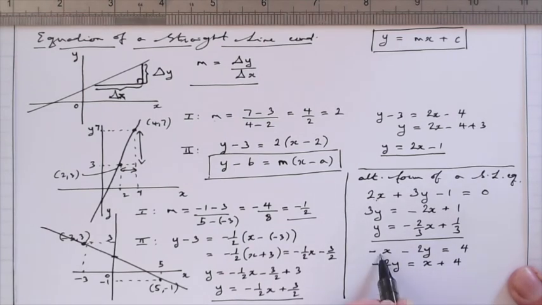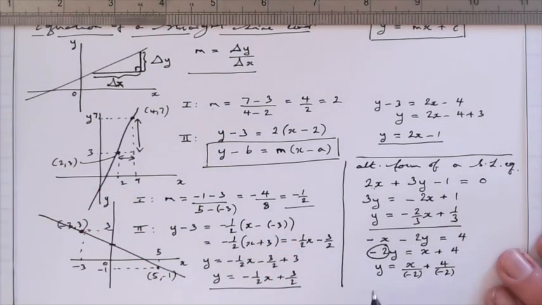So I'm effectively adding x to both sides. And then I want to isolate y. I'm going to divide by this factor of negative 2. So y will be x divided by negative 2 plus 4 divided by negative 2.